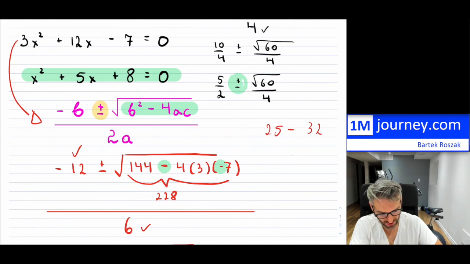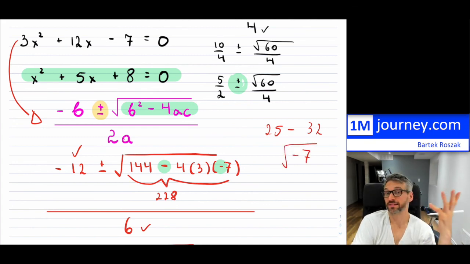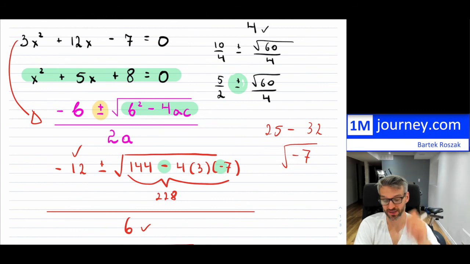Notice it's going to give us negative 7 underneath the radical, and we can't take the square root of a negative and expect a real number back. So therefore, this has no solution. So this formula is also useful to figure out quickly whether there is a solution or not.